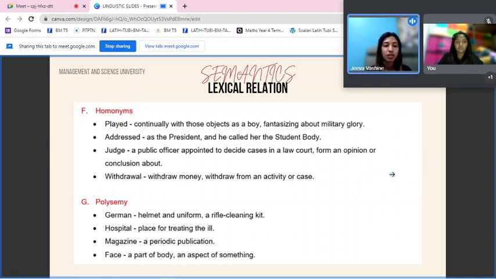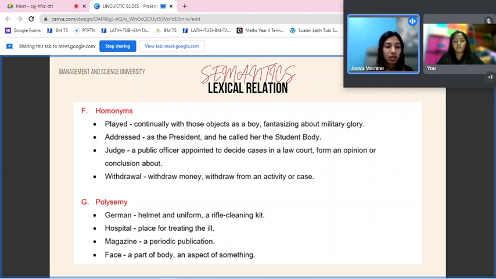Next is polysemy. Polysemy is words that spell and sound the same but have more than two meanings. So from the article we have four: German, hospital, magazines and face. For German it is helmet and uniform and also a rifle cleaning kit.